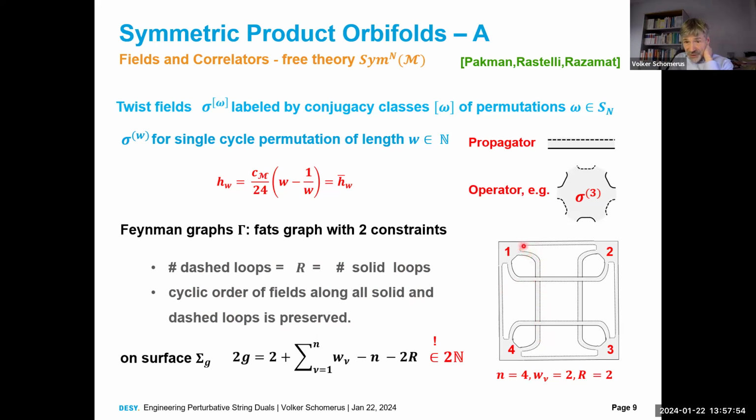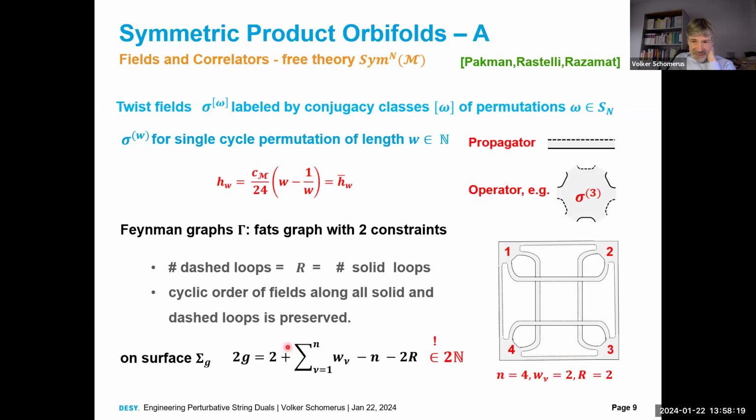So for instance, this dashed loop here, I guess it's hard to distinguish the dashed from the solid. But if you go along the dashed loop, you will pass through these operators in some order, 1, 2, 3, 4, 1, and that should always be the same, and the same also for the solid loop. So these are some extra technical conditions for admissible Feynman diagrams that you're not used to from ordinary gauge theory, but they are very well understood and they follow directly from the prescription.